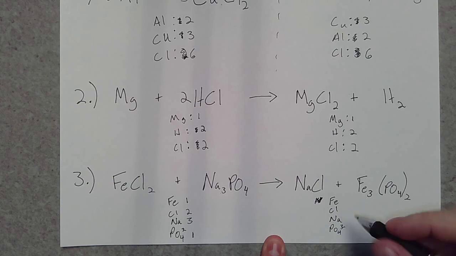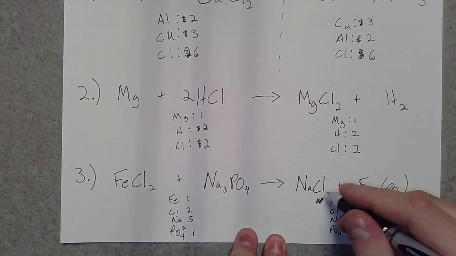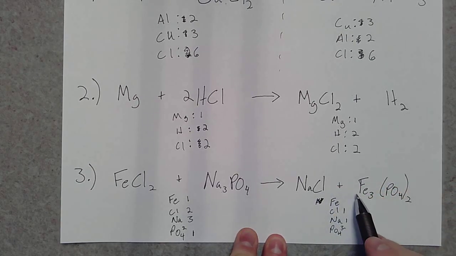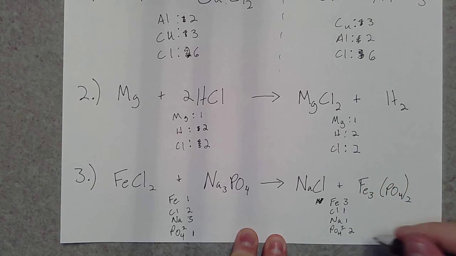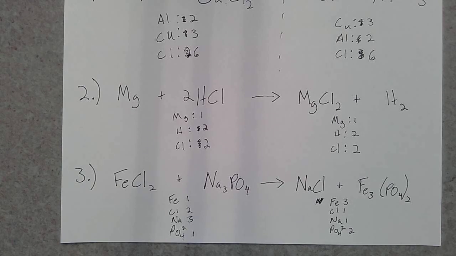Over here I have 1 Na, I have 1 Cl, I have 3 of these irons, and I have 2 of these PO4s. So we have a lot of things going on. Now the easiest one to balance is this one, the NaCl. Because they're both singular, I can just save that one for last. I need to make sure that all these other things balance first.